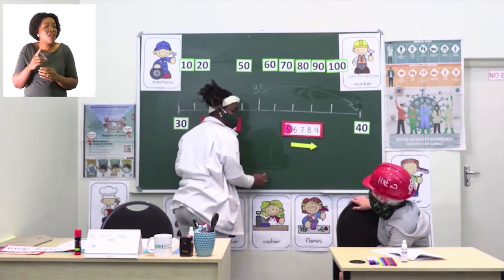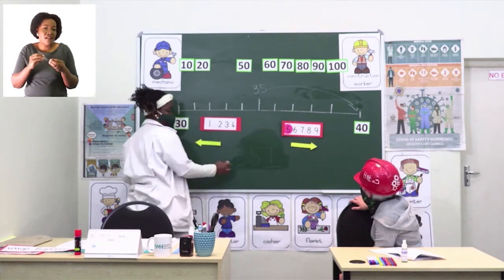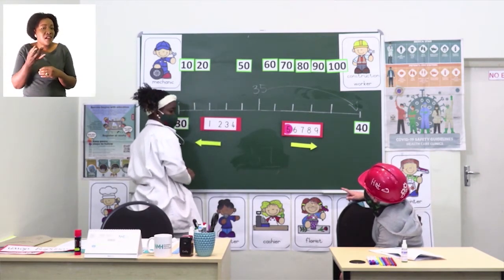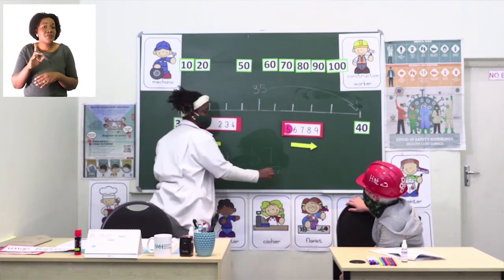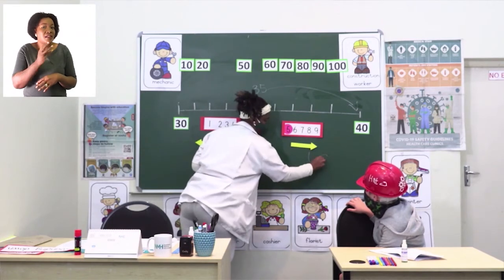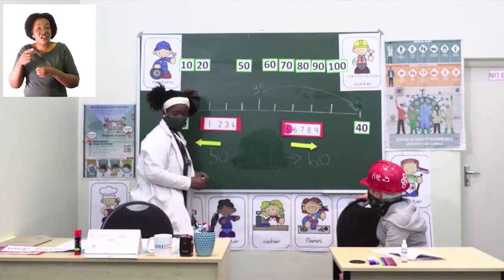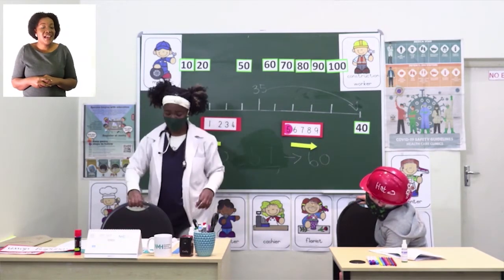And if we have to move forward, what number will we get here? Because number 57, we find it between which two tens? Between a 50, very good, and a 60. So we have to run towards 60. Very good. Now I would like for us to look at our activity that we have.